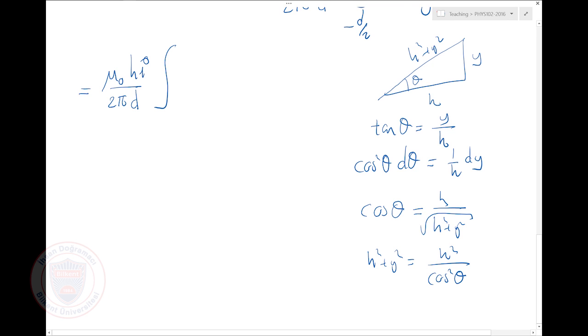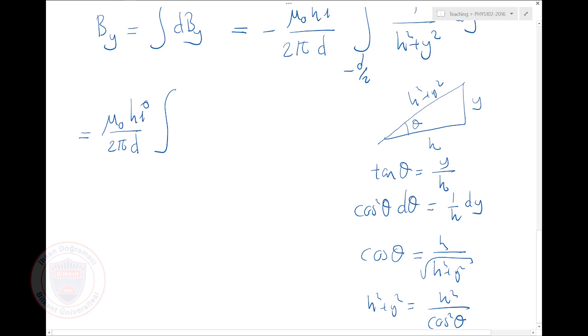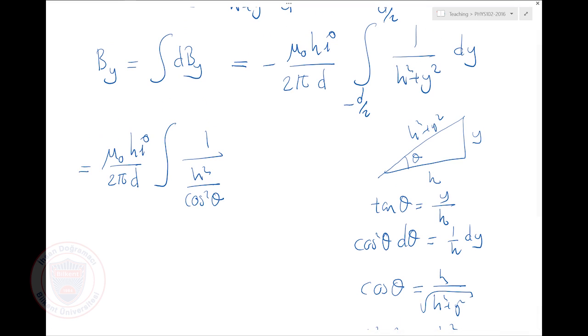So instead of h squared plus y squared, I'll write h squared divided by cosine squared theta, and instead of dy, I will write h times cosine squared theta times d theta.